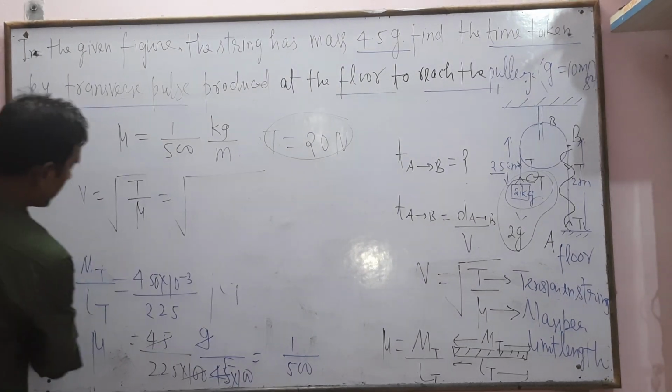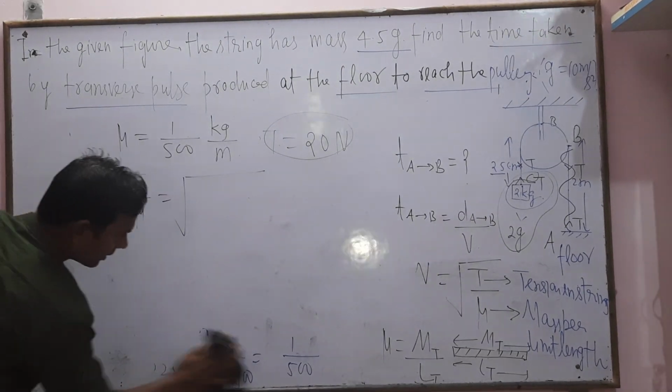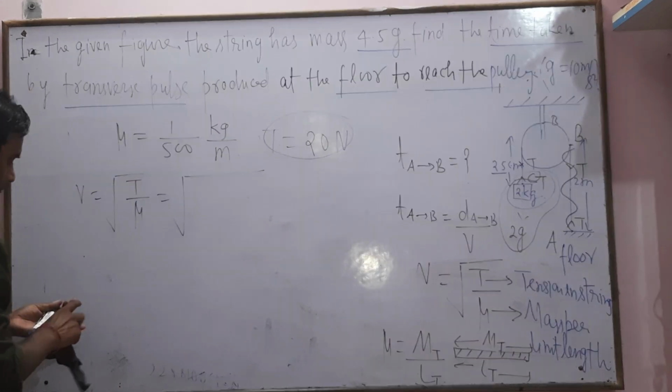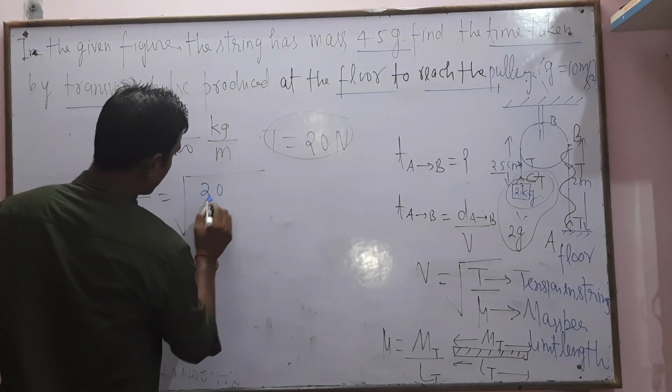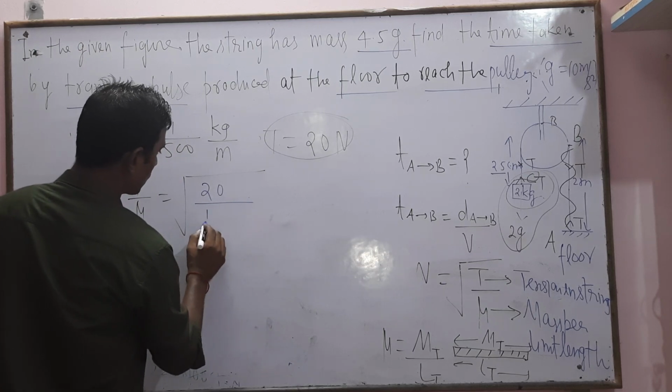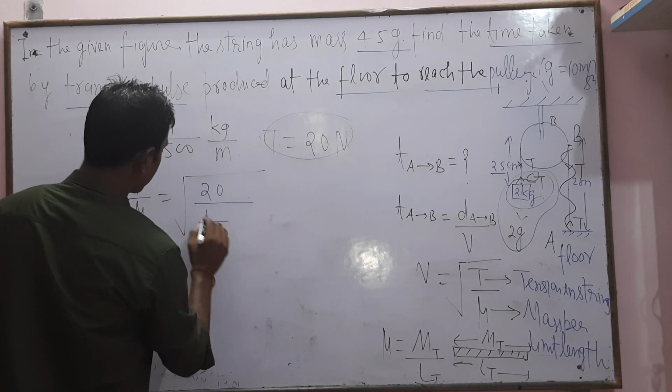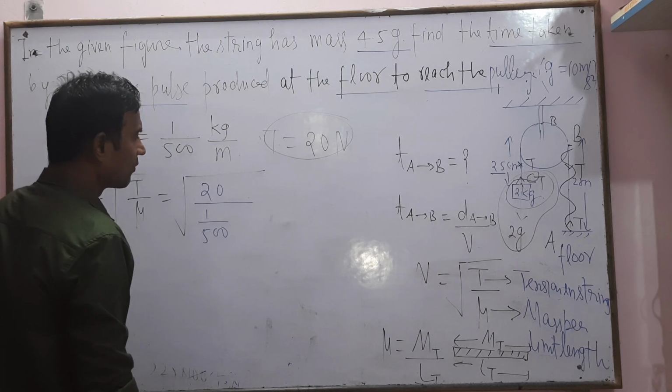Now we can put the value of T and mu. The value of T will be equal to 20 Newton and mu equal to 1 upon 500.